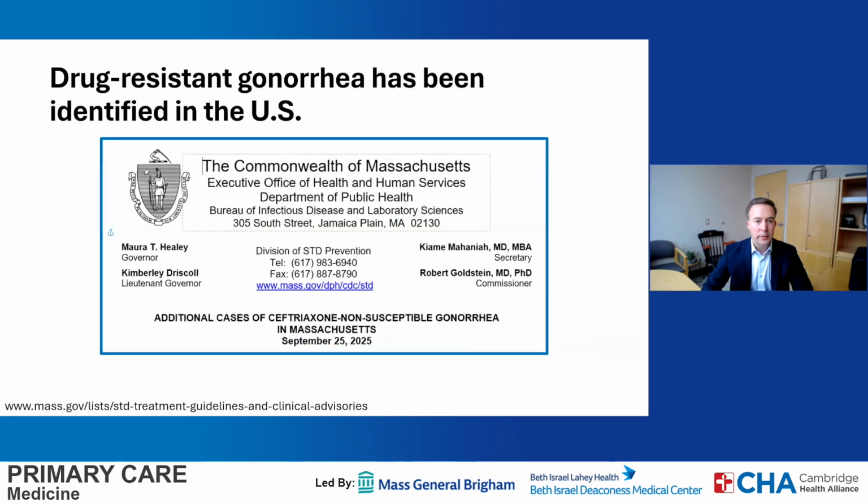I'd also note that drug-resistant gonorrhea has been identified in the US. Massachusetts has 4 cases. They most recently reported the most recent cases in September 2025, and these have been ceftriaxone non-susceptible strains. Interestingly, in these cases, however, the patients were cured by standard therapy with ceftriaxone because that relatively high dose that we give was able to overcome the reduced susceptibility in the organisms.